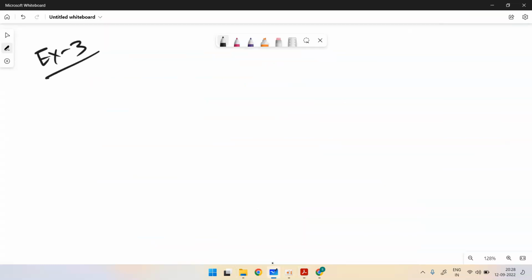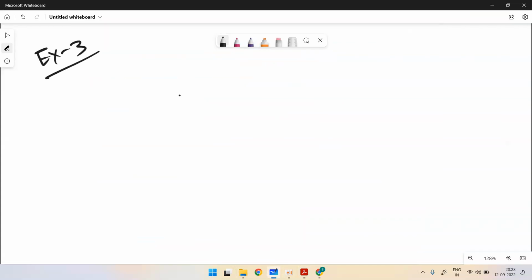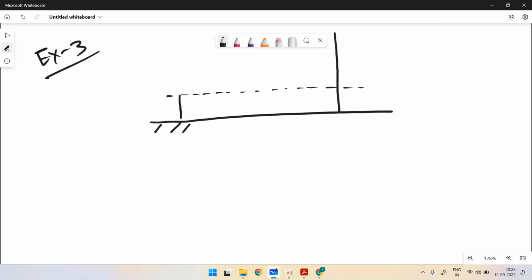If you draw this, this is 1.5 meters, the height of the observer, and with respect to this we have drawn the solid line. I need to draw this dotted line. Suppose there is a chimney here, resting on the ground, and the angle of elevation to the top of the chimney is given.